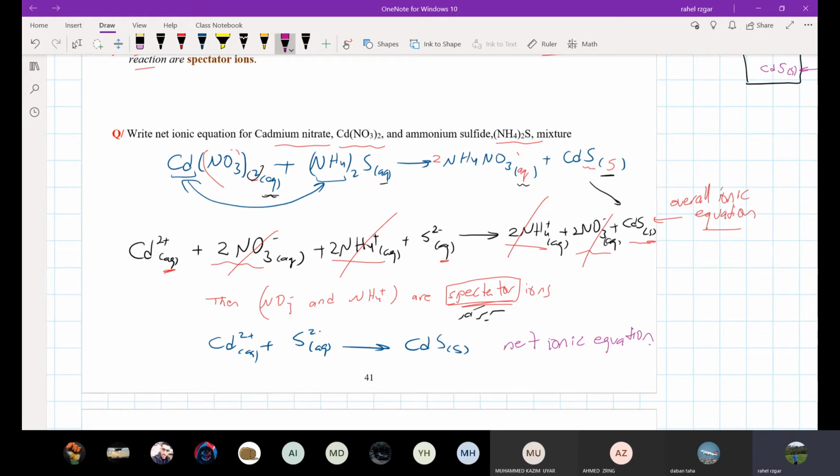When you separate all of them, we call that overall ionic equation. And the ions which haven't undergone any reaction, which have remained the same without any change, we call them spectator ions. And the rest that is left will form the net ionic equation.